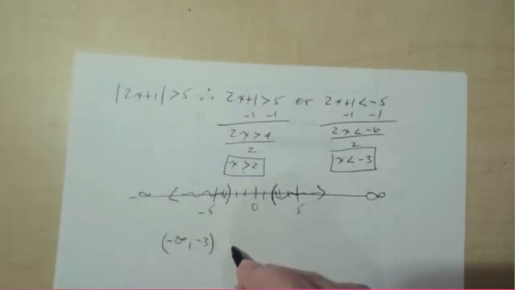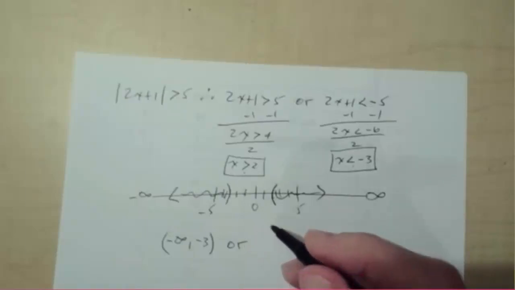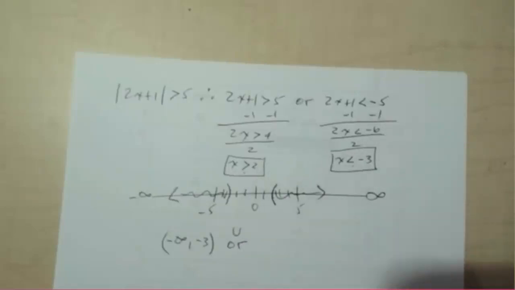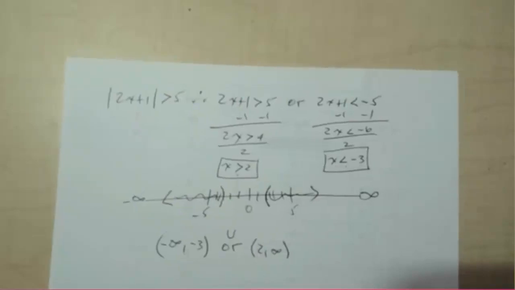Or, now remember, or is written like that, the union of, in other words, all these numbers, or 2 comma infinity. Right? Right.